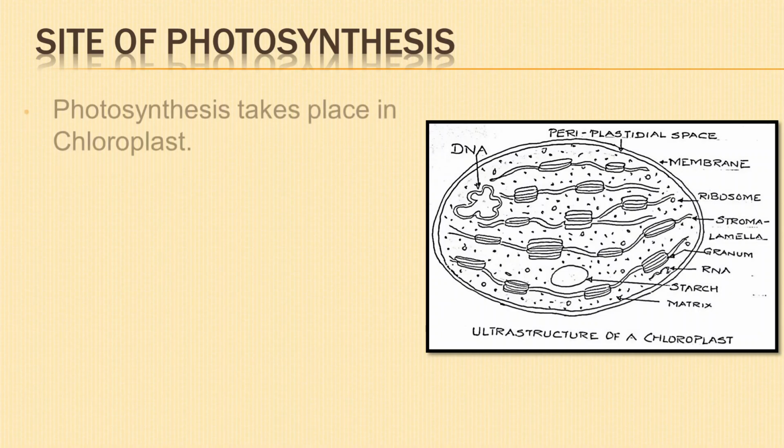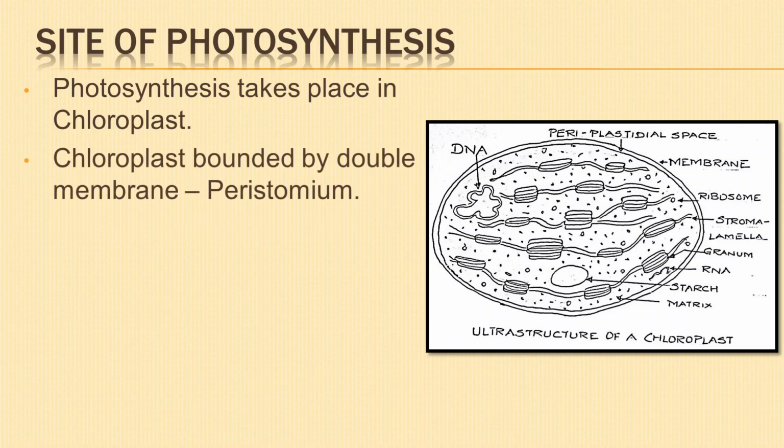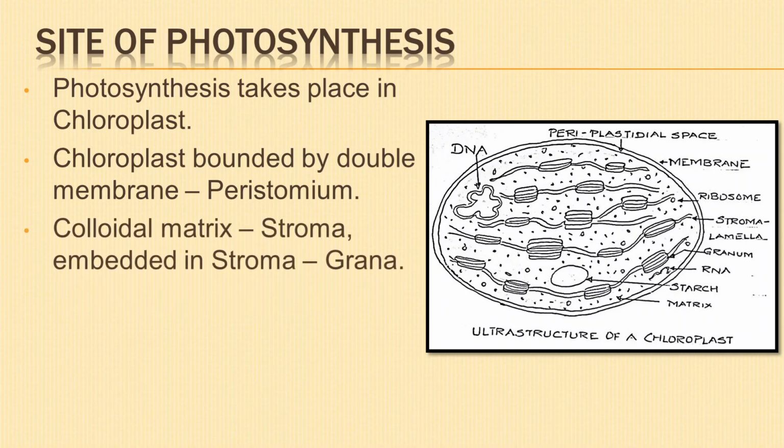In plants, photosynthesis takes place in chloroplast, which contains chlorophyll pigments. Chloroplast is a lens-shaped organelle bounded by a double membrane called peristromium, which is made up of lipoproteins. It encloses colorless colloidal matrix called stroma.